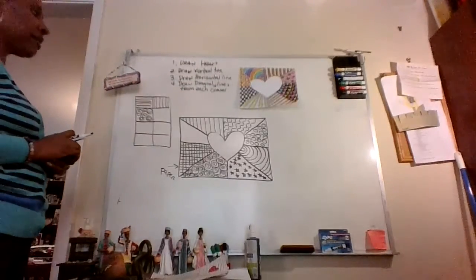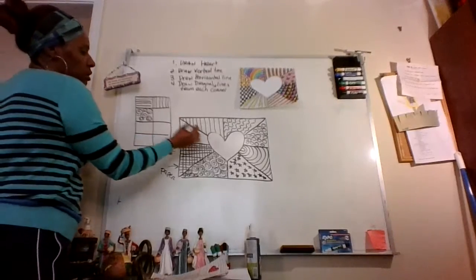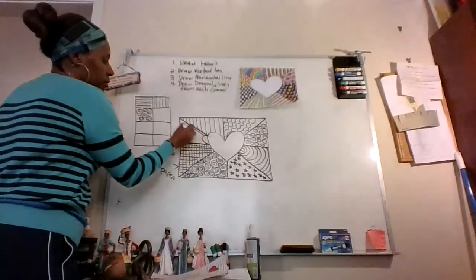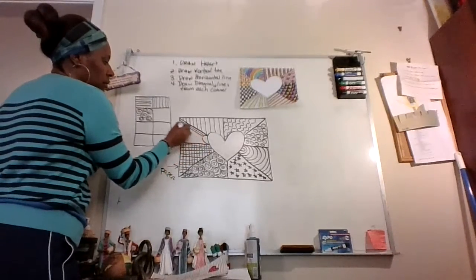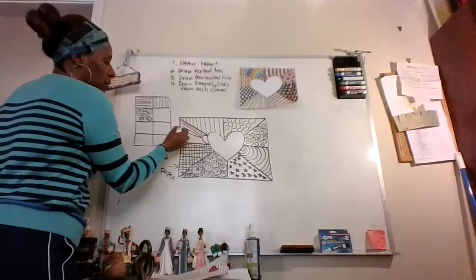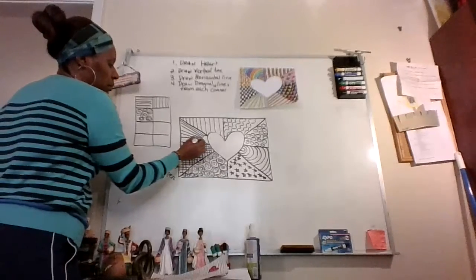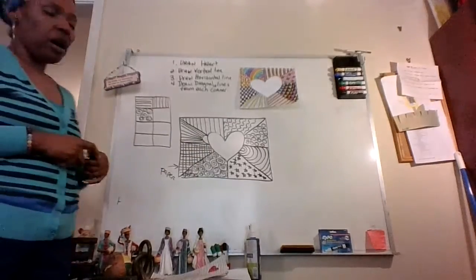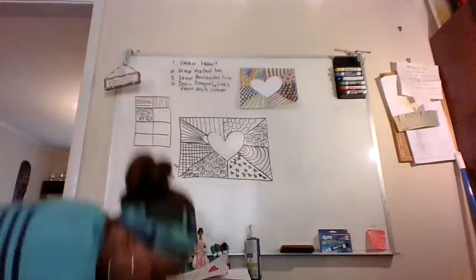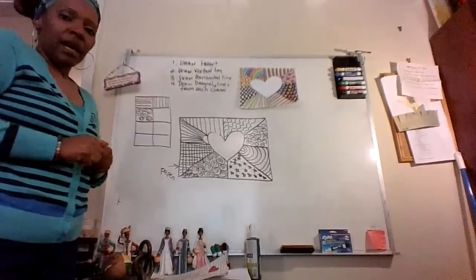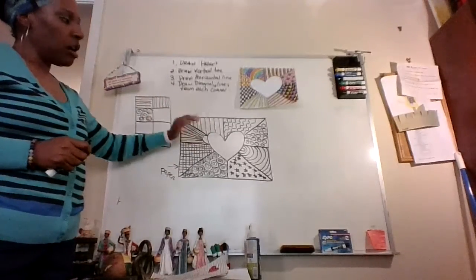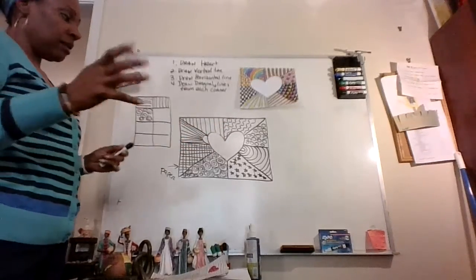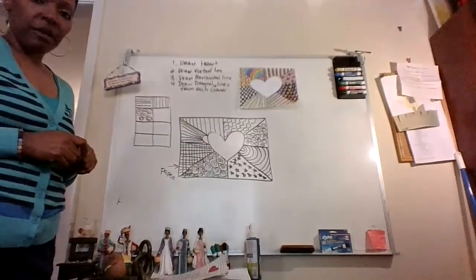You can pretty much do whatever you want to do. I think I want to do something that looks like a sun with sun rays. And now my optical illusion art is done. I can either leave it black and white, because the purpose of optical illusion art is to make it look like something's jumping off of the paper, or it makes it look like it's 3D and you can actually pick it up off the paper.